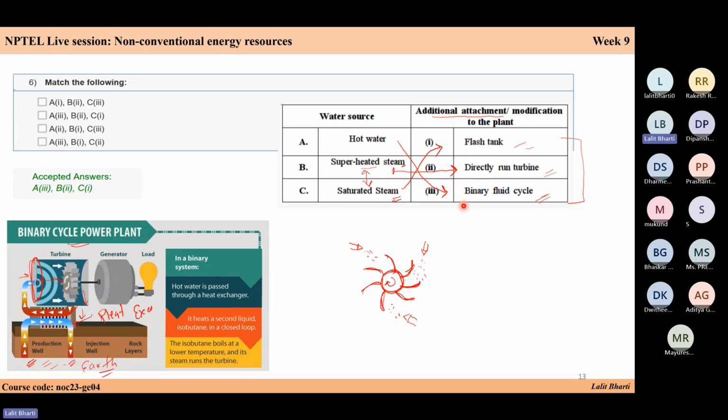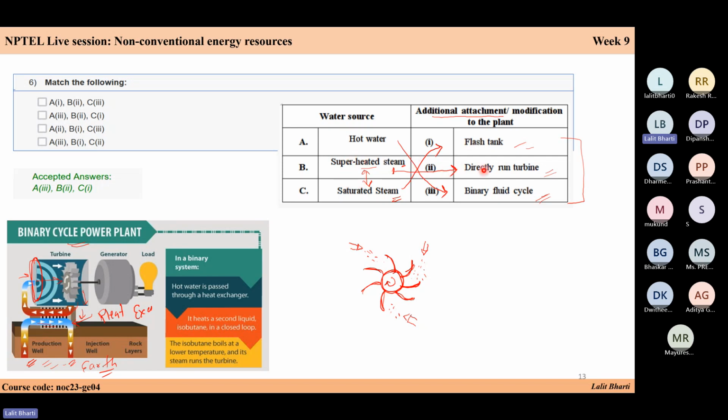So basically, what will happen? You have a high temperature source. You will make steam by that high temperature source by boiling water. Then you will store the saturated steam in a flash tank. There it will get high temperature as well as high pressure, and it will become superheated steam.